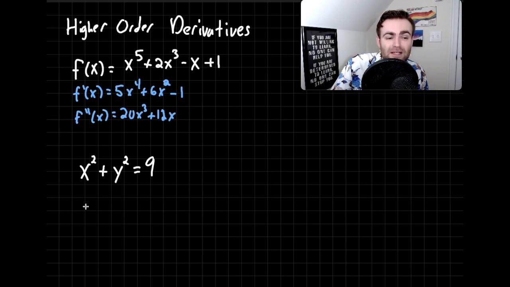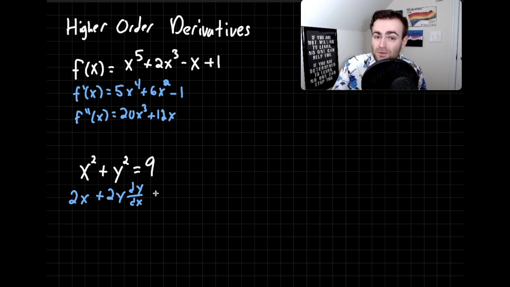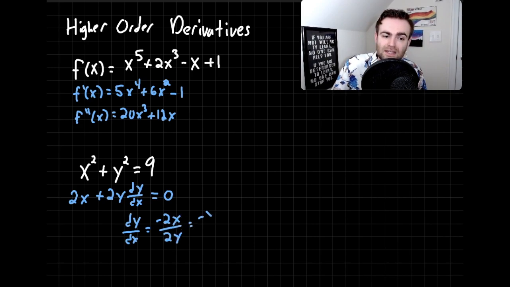So, as we did before, we're going to do 2x plus 2y dy/dx, because whenever you take the derivative of y, you have to have the dy/dx, is equal to 0. We can easily solve this for dy/dx. We can say that dy/dx is equal to negative 2x over 2y, or just negative x over y.